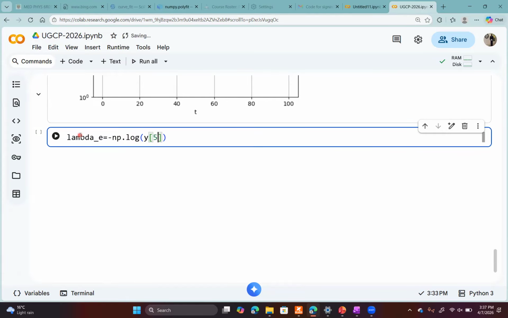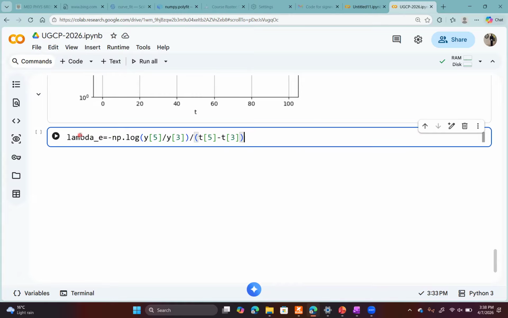So for example, y of fifth value divided by y of third value, and likewise the whole divided by t fifth value minus t third value, right?